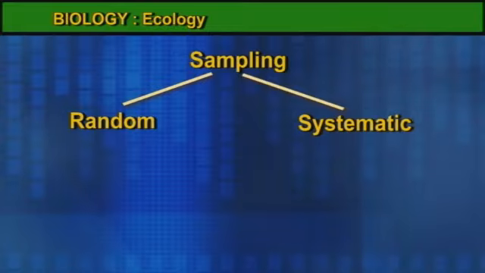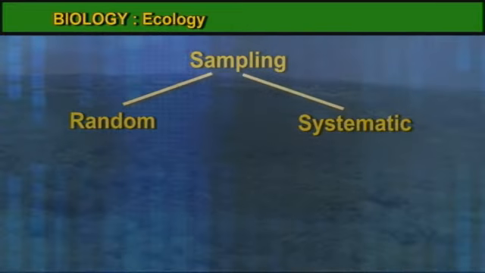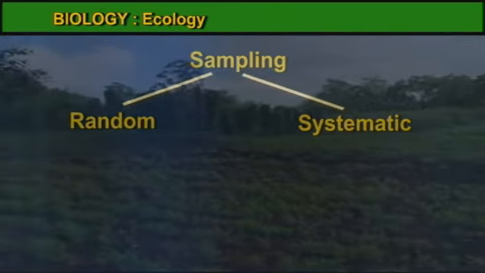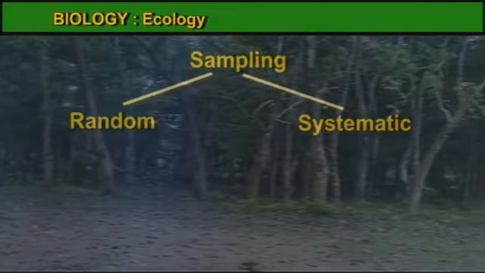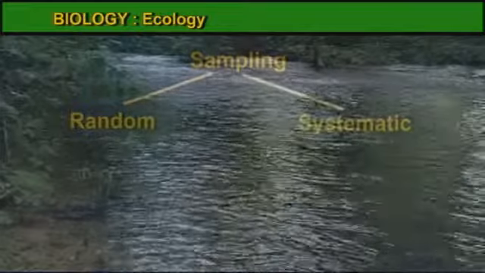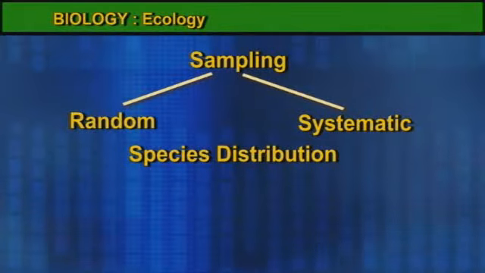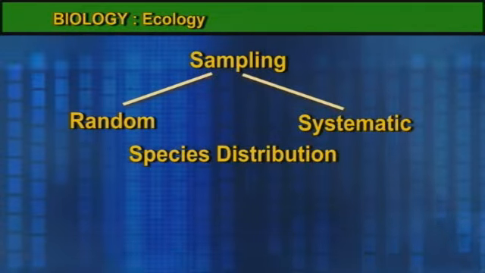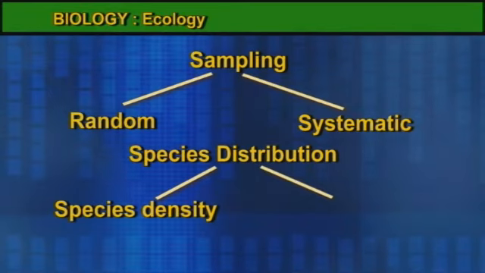From the samples collected, one is able to estimate the number of organisms within a given area of ground or volume of water. This is the species distribution. Species distribution involves the species density and species frequency.